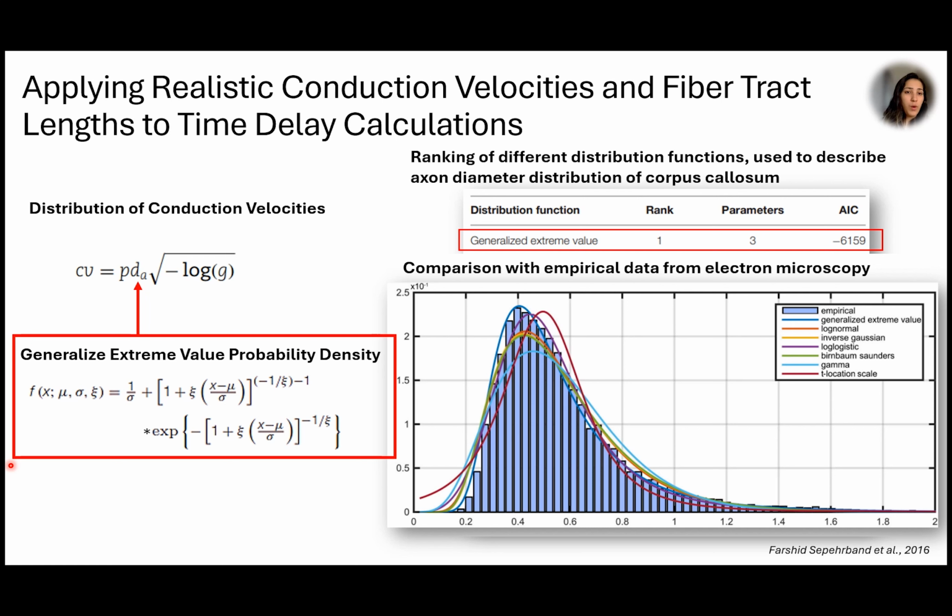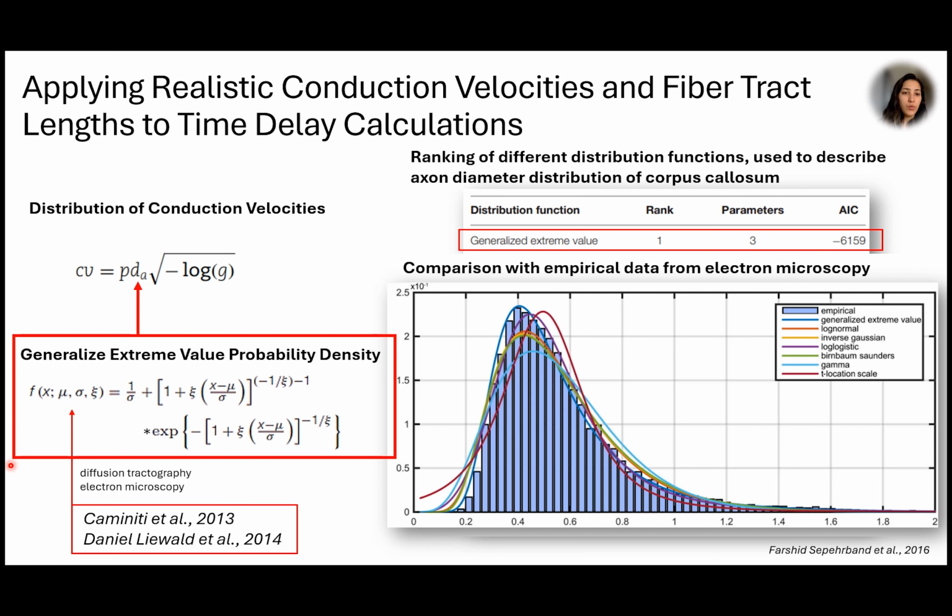What we propose is to take advantage of their finding, and for that we look into Caminiti and Leward's work, based on diffusion tractography and electron microscopy of the corpus callosum, and take from them the mean and the standard deviation that we need for computing the axonal diameters.